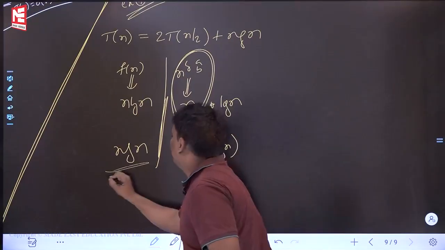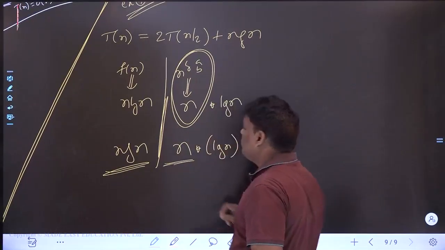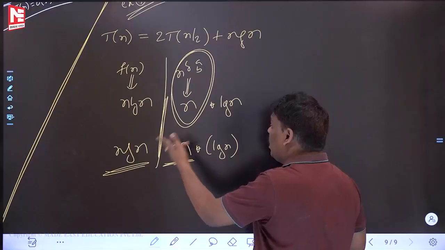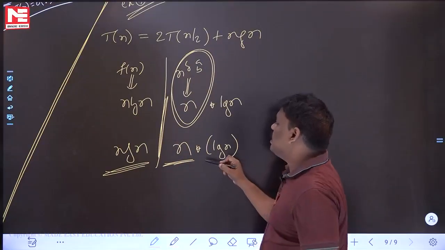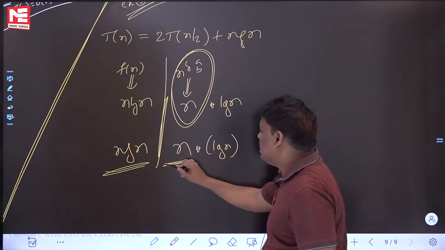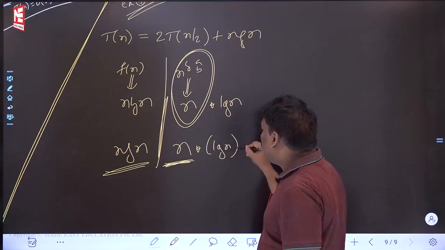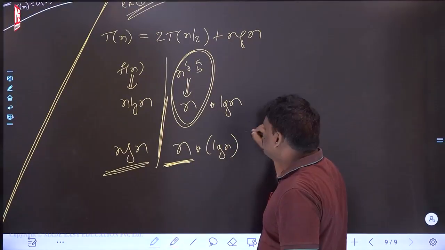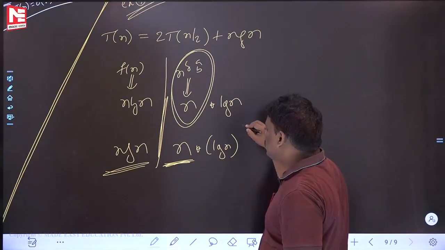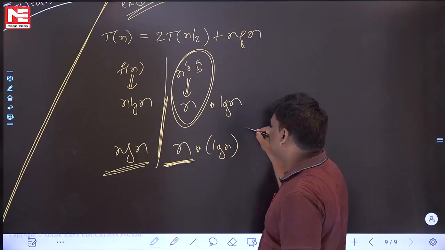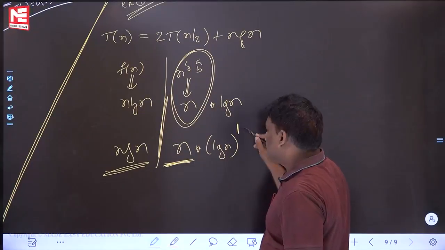Left is n log n, right is only n. I think if I keep k value 1, then both are equal.